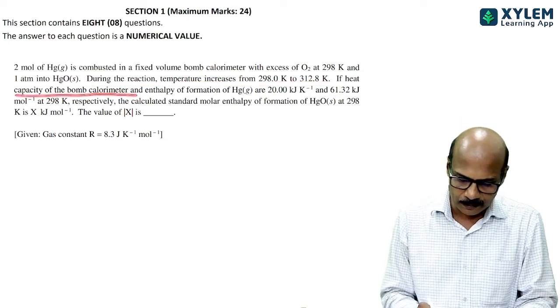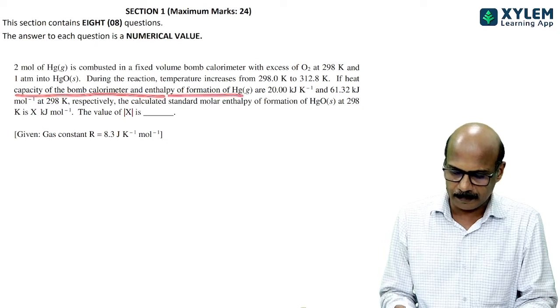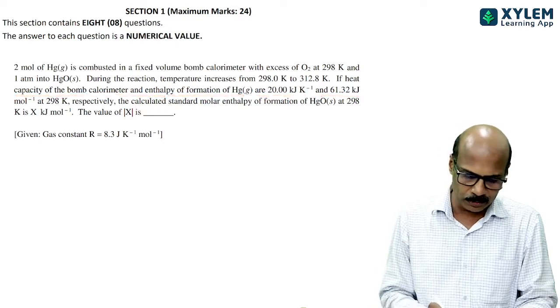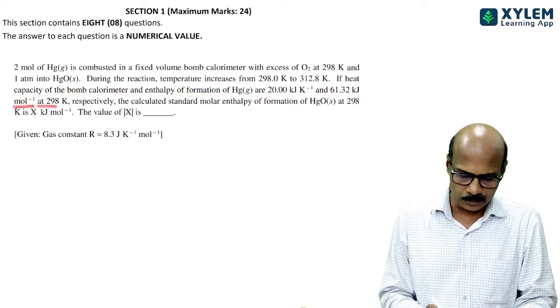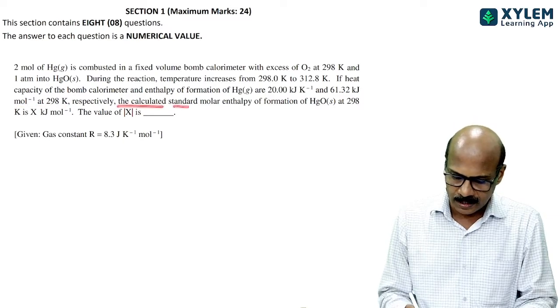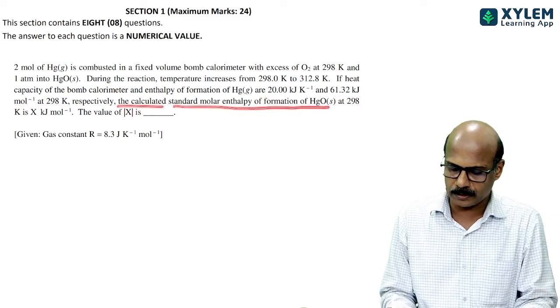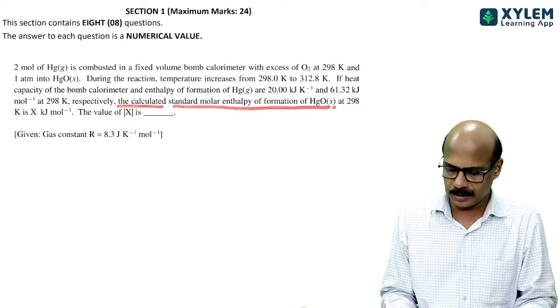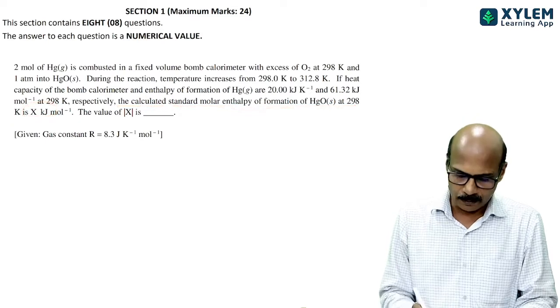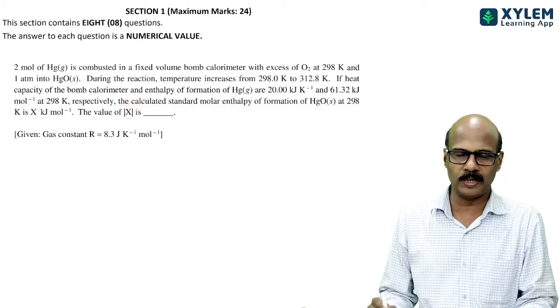If the heat capacity of the bomb calorimeter and the enthalpy of formation of mercury vapor are 20 kJ per Kelvin and 61.32 kJ per mole at 298 Kelvin respectively, the calculated standard molar enthalpy of formation of mercuric oxide solid at 298 Kelvin is X kJ per mole. We want to find out the magnitude of X.